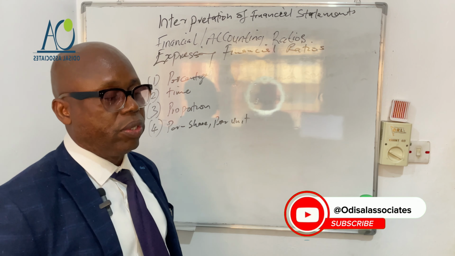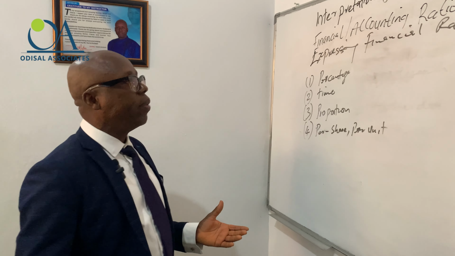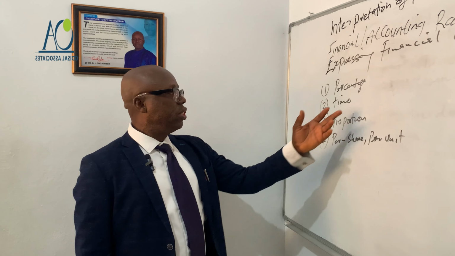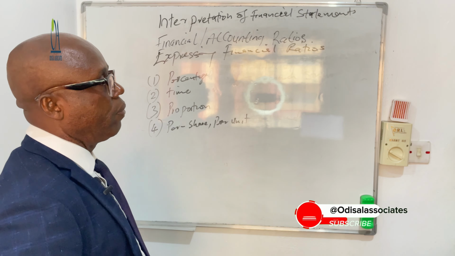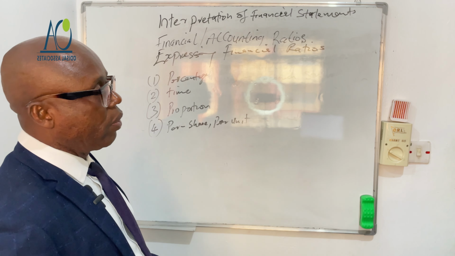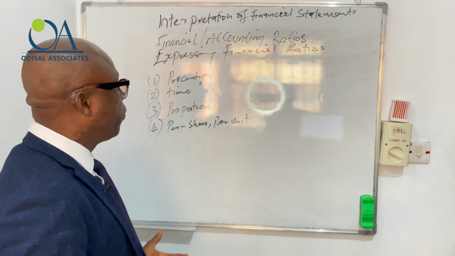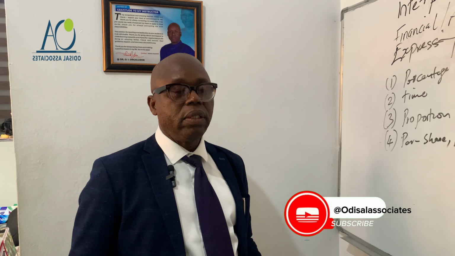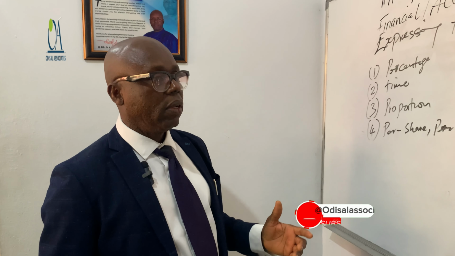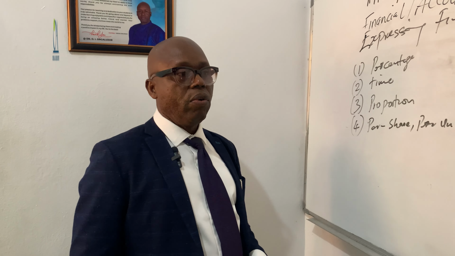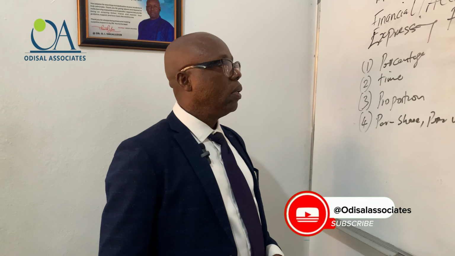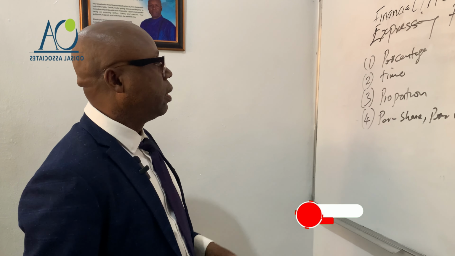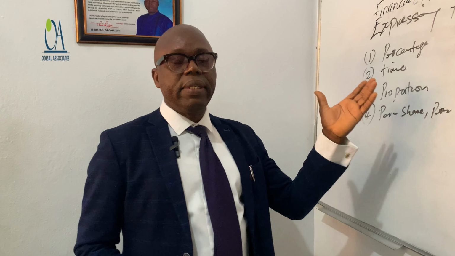Expressing financial ratios. Financial ratios can be expressed using percentages, that is, a percentage of something over something. Let's take, for instance, the percentage of net profit over sales, or the percentage of gross profit over sales. It can also be expressed in times.